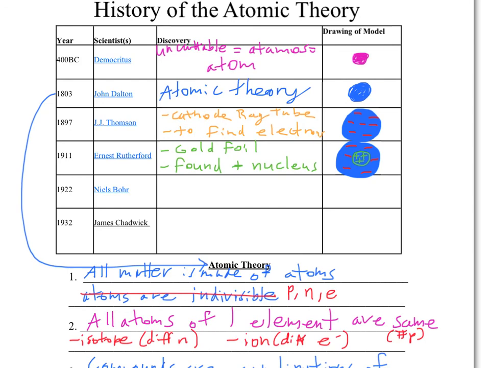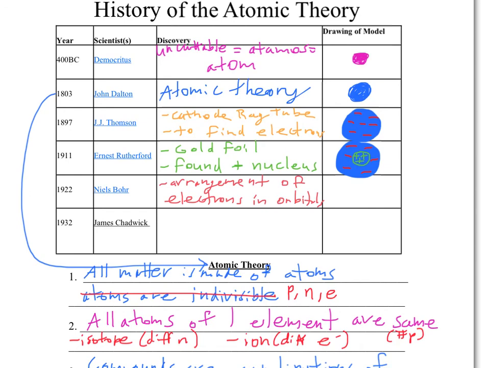So there was something positively charged and hard in the middle of these atoms. Niels Bohr is the one who discovers the arrangement of these electrons, the arrangement of those negatives. So Niels Bohr finds the arrangement of electrons in orbitals.